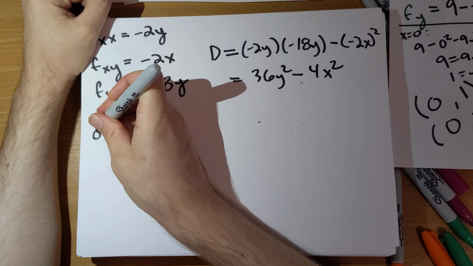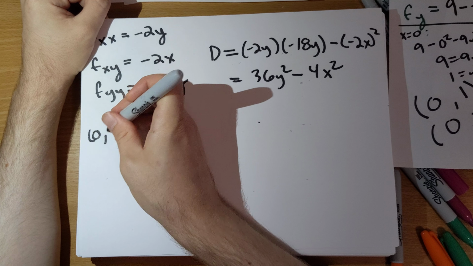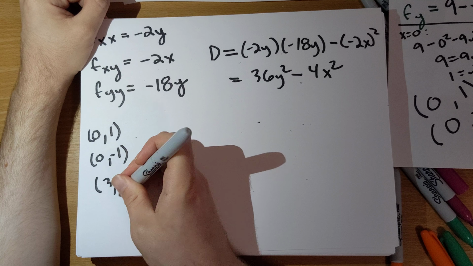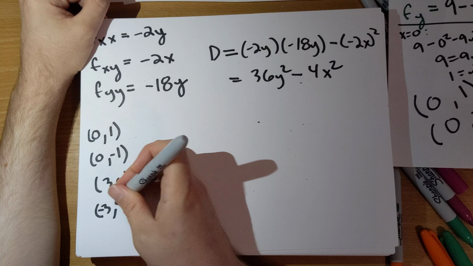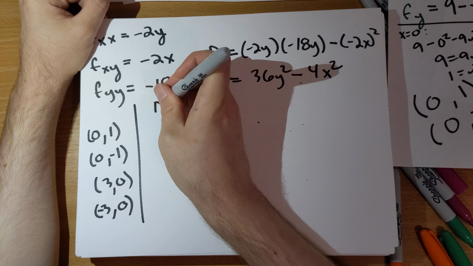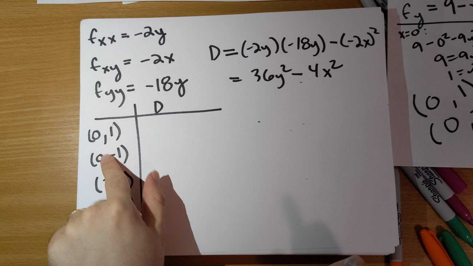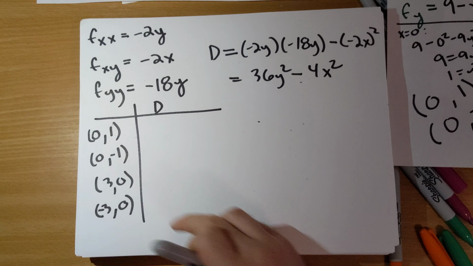So, okay, let's list off our 4 points: 0, 1; 0, negative 1; 3, 0; negative 3, 0. And we plug in these values into the discriminant.